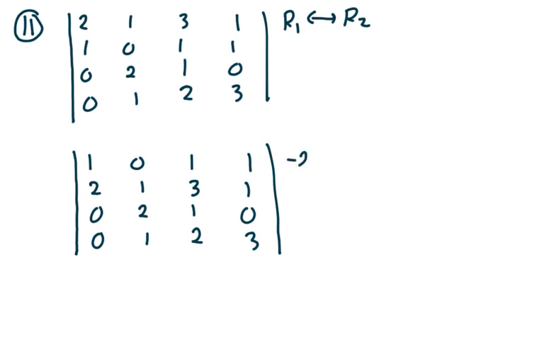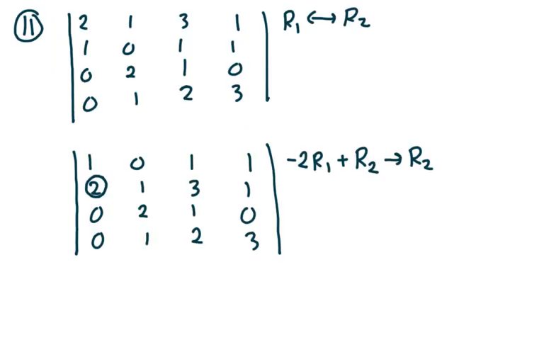Now, if I take negative 2 row 1 added to row 2, put the result back into row 2, that's going to turn this entry here into a 0. And that's what I want, right? And so we get the determinant of 1, 0, 1, 1.